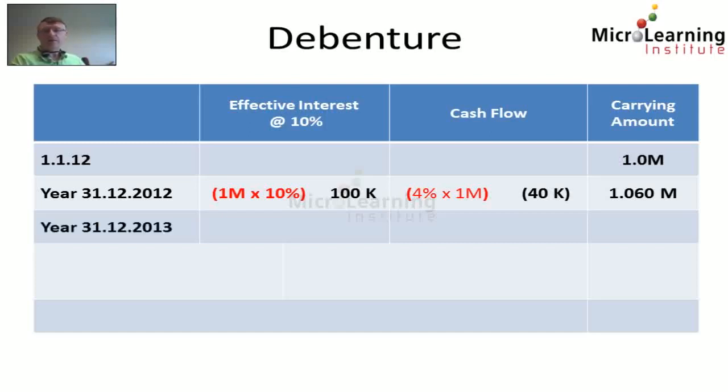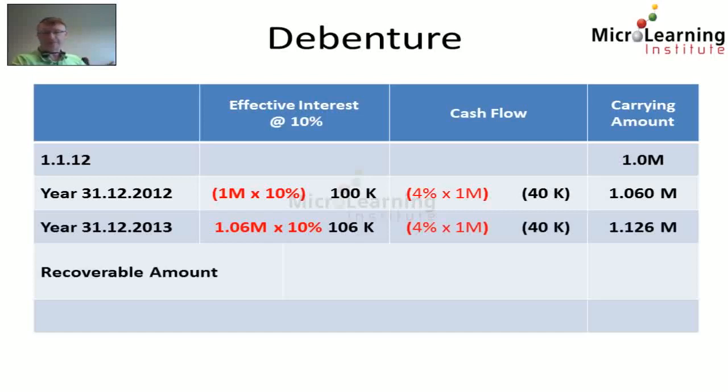In the year ended the 31st of December 2013, again we recognize interest at the effective interest rate, now on the carrying amount of 1.06. So our interest is 106k, and once again we receive 40k to offset that. So at year end, 31st of December 2013, we have an asset of 1.126 million.